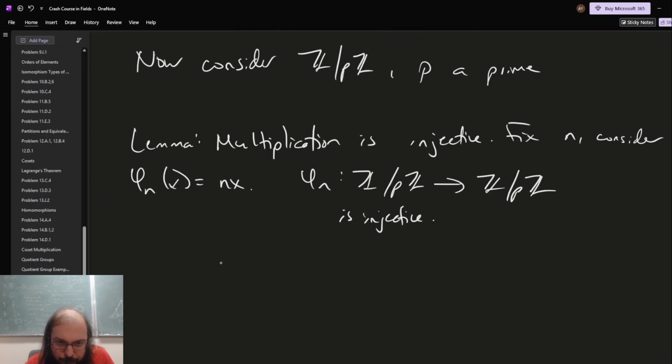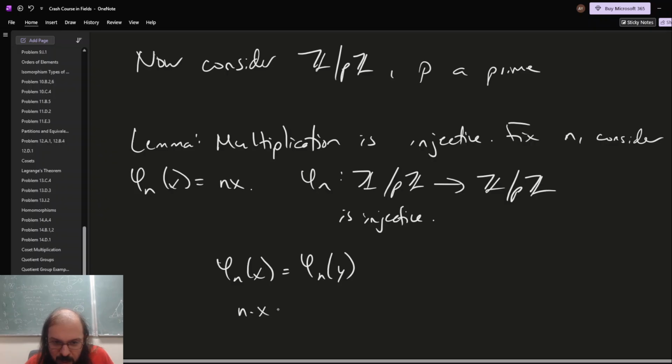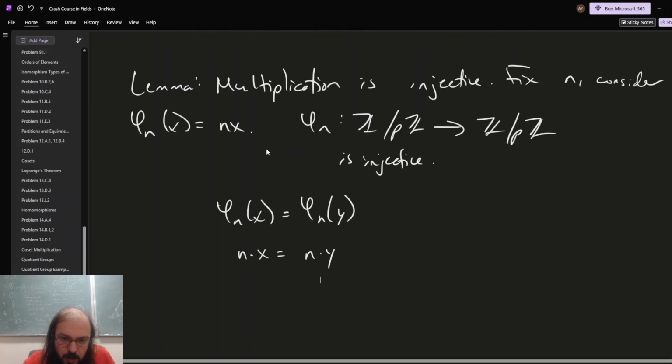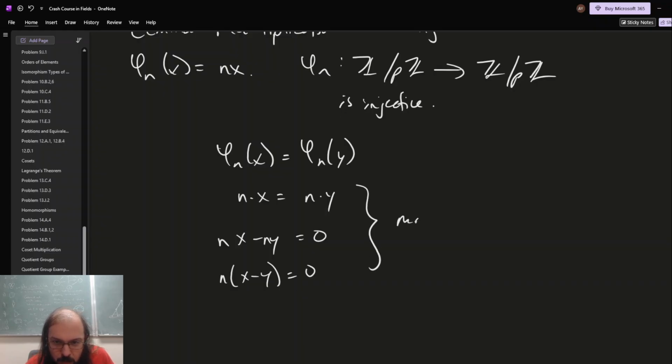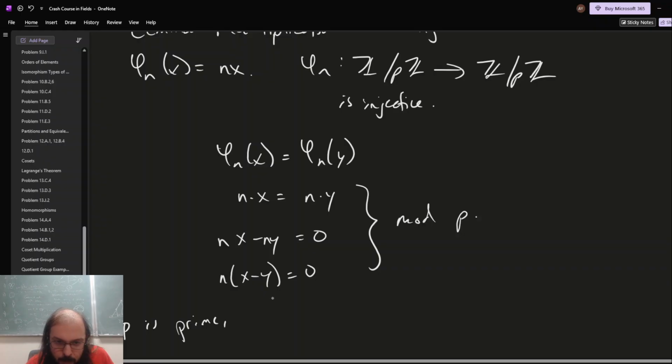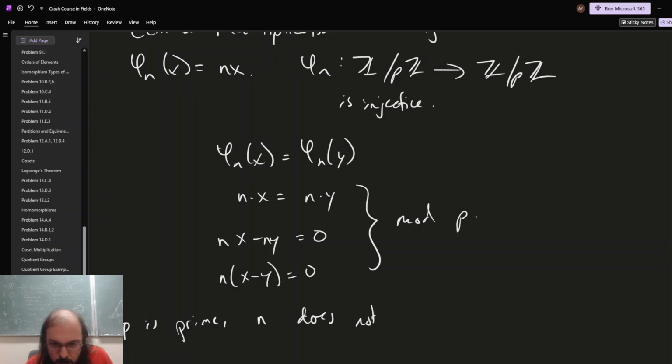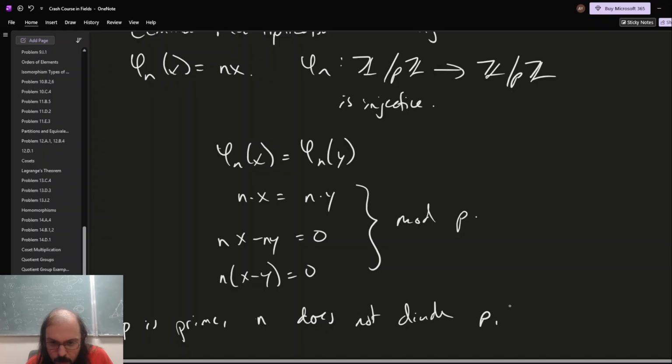Why? Let's see. We have phi_n of x equals phi_n of y, or in other words, n times x equals n times y. And now, if I subtract this over, nx minus ny equals 0, or n times (x minus y) equals 0. And all of this is happening mod p. Since p is prime, n does not divide p, so n is not a zero divisor, right?